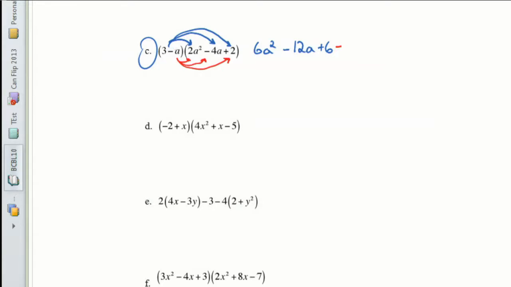Remember there's a negative 1 here, so if you're multiplying the 1 by the 2, you're going to end up with negative 2. So I'm going to put a negative 2, a times a squared is a cubed. I add my exponents. Negative a times negative 4a is going to be a positive 4a squared. And negative a times positive 2 is negative 2a.